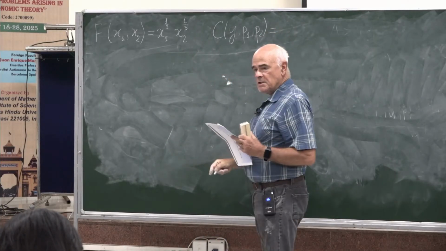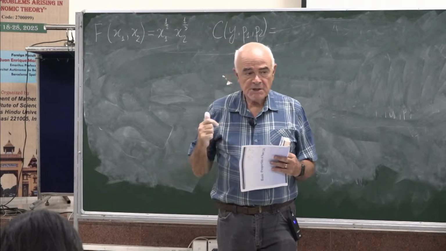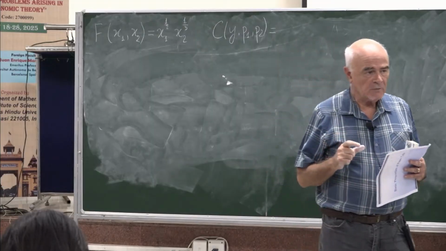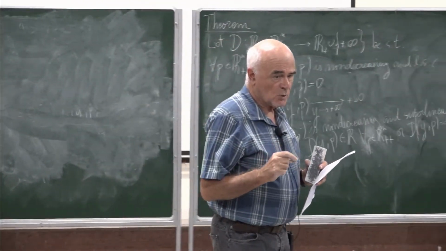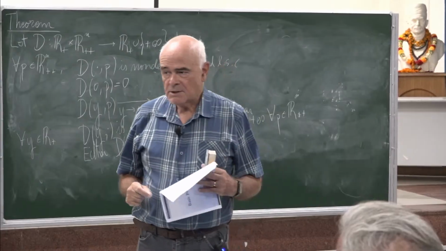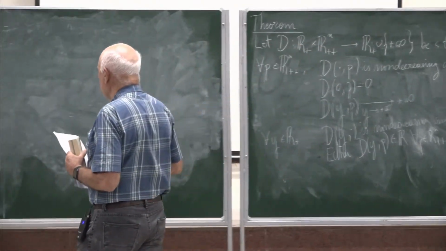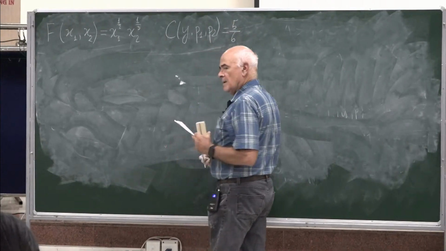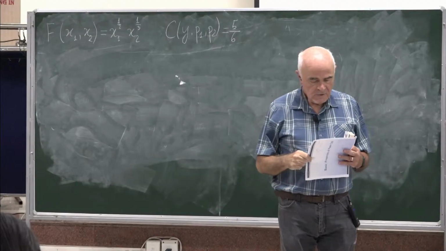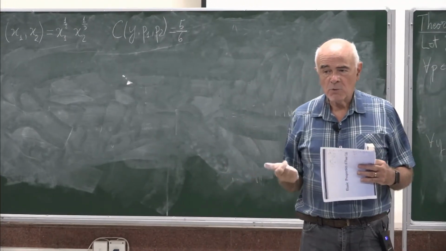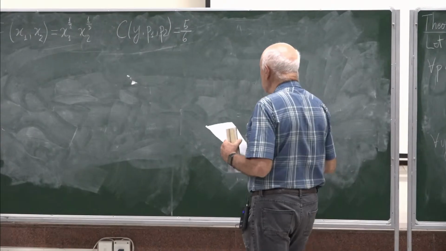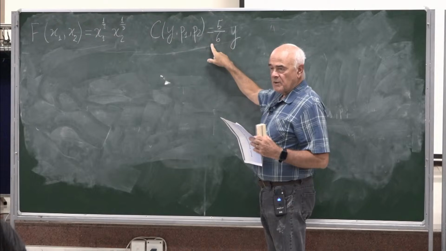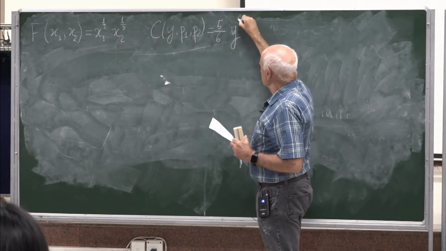according to the general expression I just erased, is alpha, the sum of the alpha i's, 1/2 plus 1/3, which is 5 over 6, times y over A, now A is equal to 1. So y to the power 1 over alpha, alpha is 5 over 6, so 6 over 5.